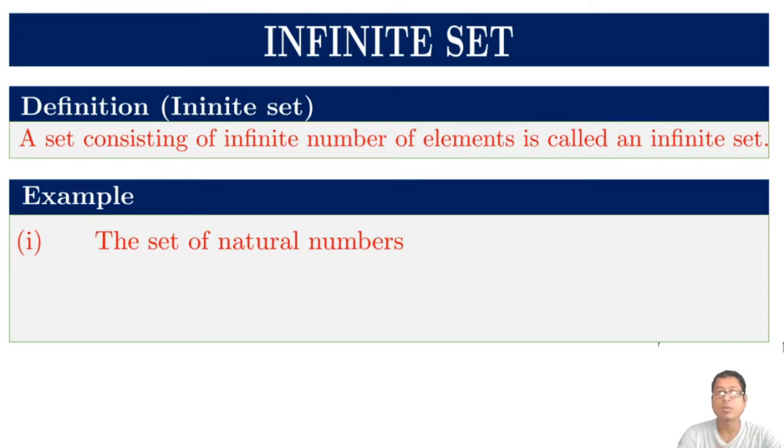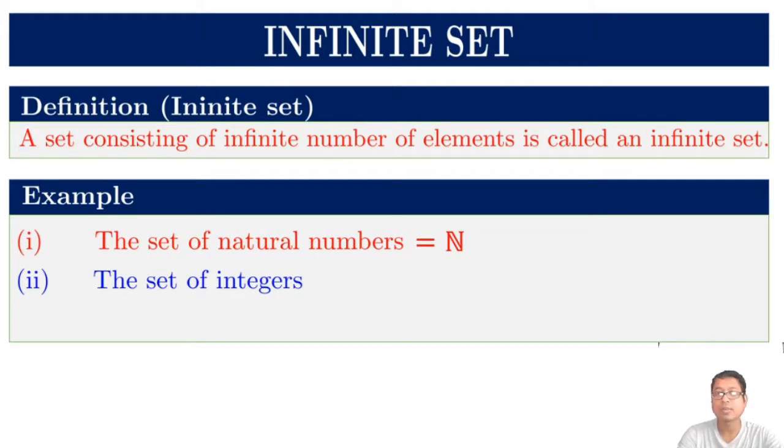And the symbol we are using to represent the set of natural numbers is this symbol, the standard symbol used to denote the set of natural numbers. As a second example, we can take the set of integers, and that is also infinite. That means if we take all natural numbers and their negatives together with 0, that constitutes the whole set of integers.